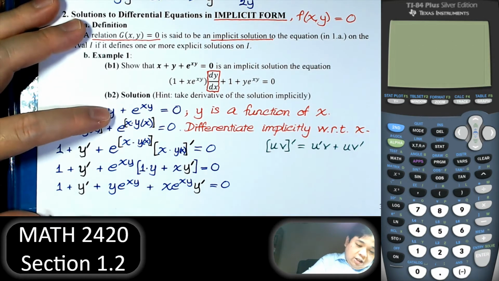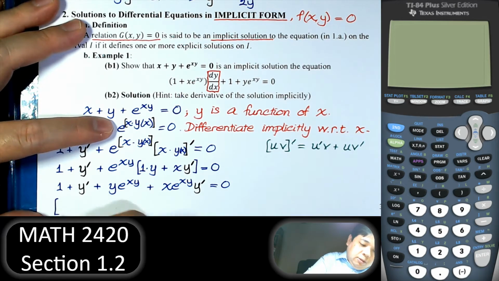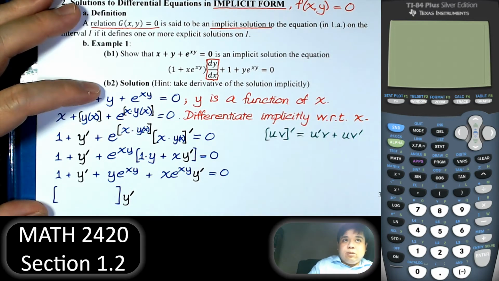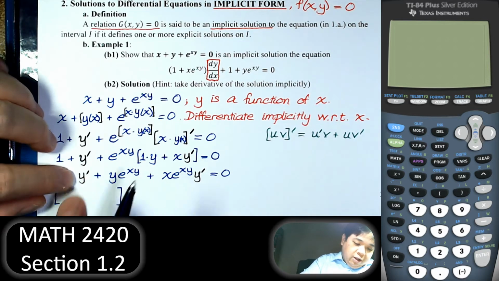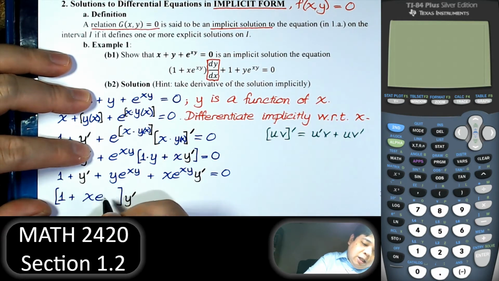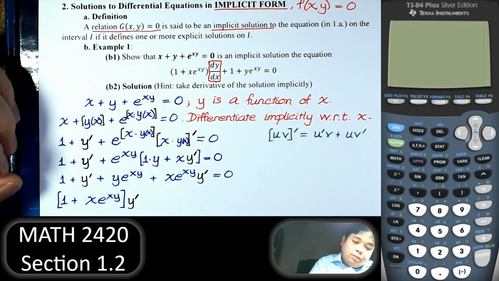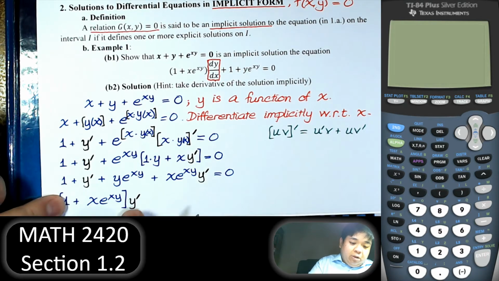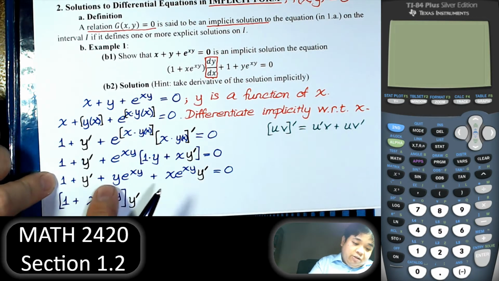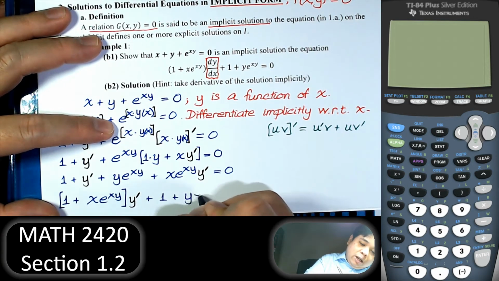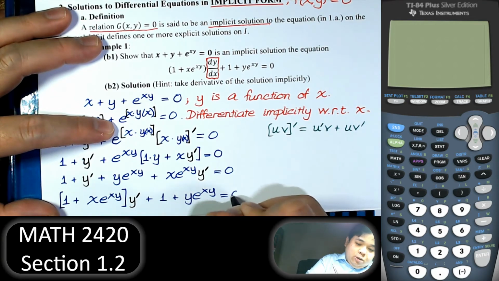So we have 1 plus x e to the xy. Those two terms have y prime, factor them out. And what's left is 1 plus y e to the xy equal to 0.